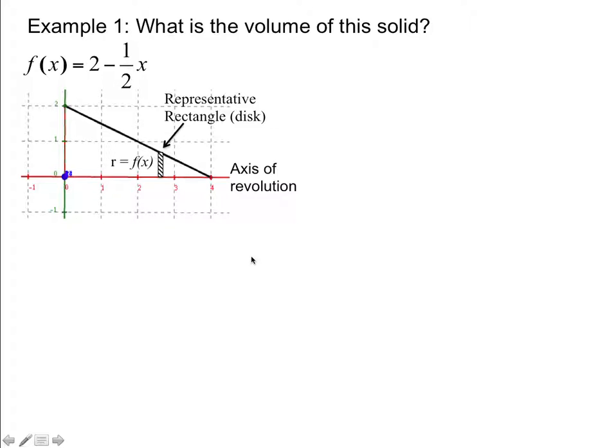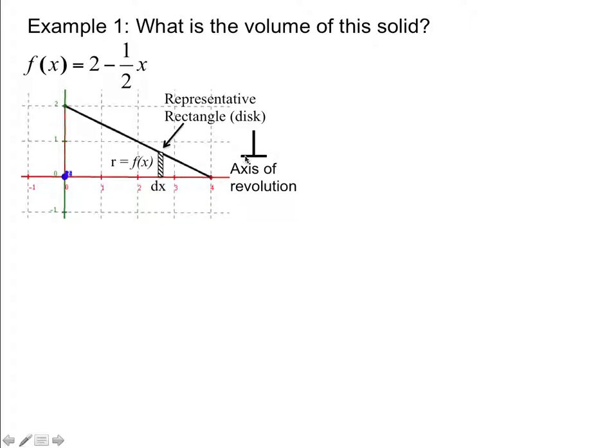So as we then set up for the volume here, we know that the thickness of the rectangle is always our differential dx. Our radius is going to be our function. And we're just kind of noticing some patterns: we notice that this representative rectangle is perpendicular to the axis of rotation.